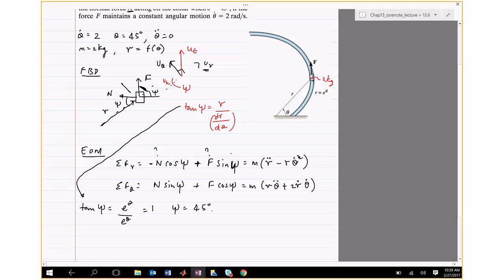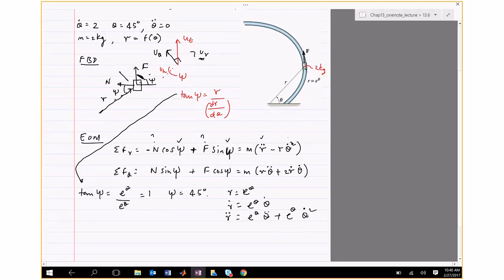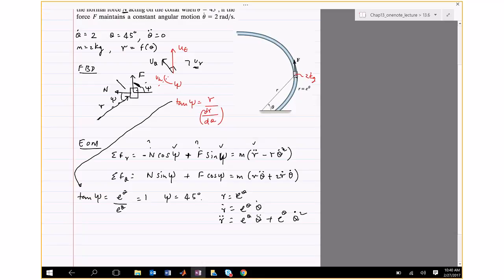So psi is known. We know what r is, so we can find r dot, which is e to the theta theta dot. We can also find r double dot, simply e to the theta theta double dot plus e to the theta theta dot square. So r double dot is known, theta dot is given, theta double dot is given.